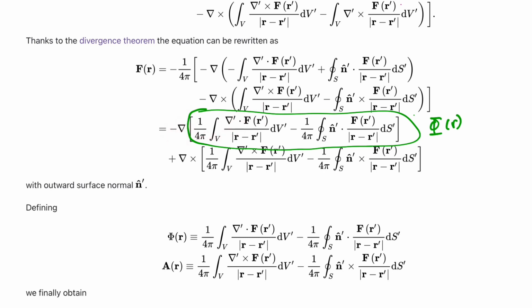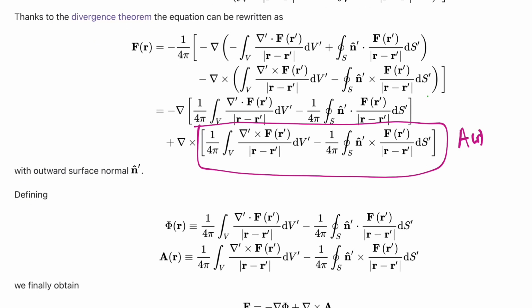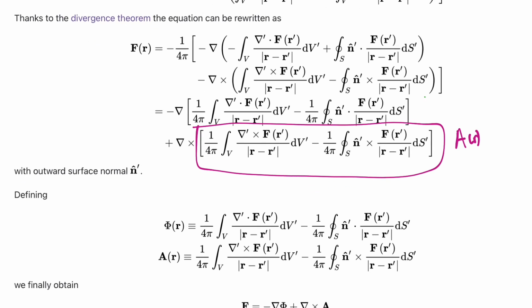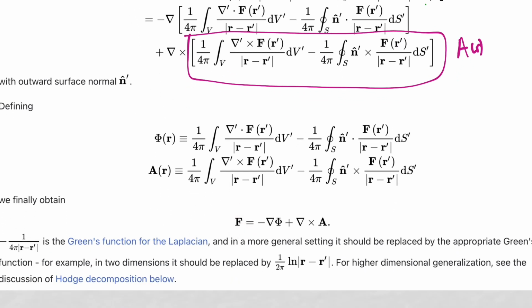But of course, this vector has to be the sum of two vectors, right? So that's all fine. And then likewise, you take this part here, which is a vector, and you call that A of r. And now you have F is minus the gradient of phi plus the curl of A.